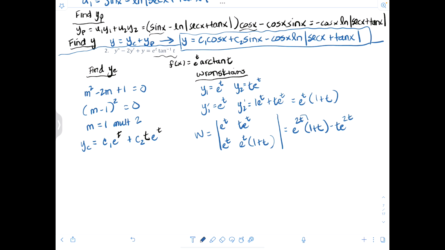Now notice when you distribute, you'd have a positive te to the 2t, so the only thing left will be e to the 2t. And our w1 will be, we'll replace the first column with 0 and then e to the t, arc tangent of t, and then keep our second column the same.